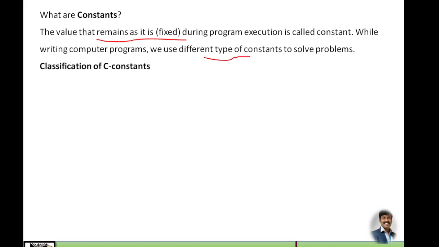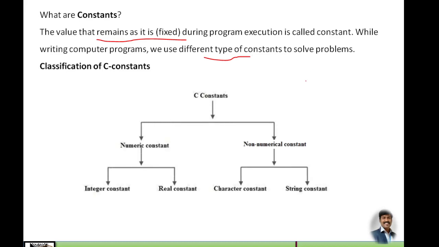The following are the classification of the constants. Constants are classified into numerical constants and non-numerical constants. The numerical constants are divided into integer constants and real constants, and non-numerical constants are divided into character constants and string constants.